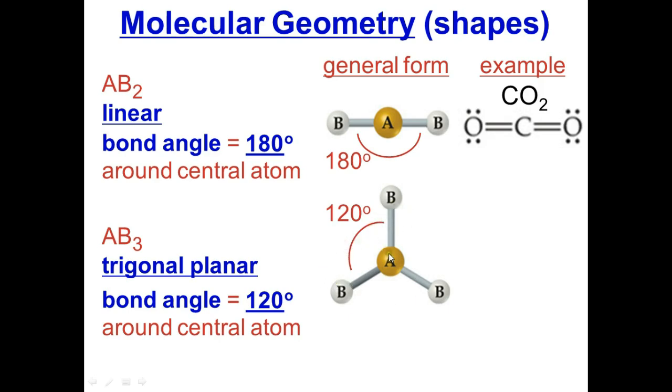So there's a bond angle of 120, and an example of this is boron trifluoride. Here we have one boron and three fluorines, and it makes a trigonal planar shape because it has three bonds and one central atom.